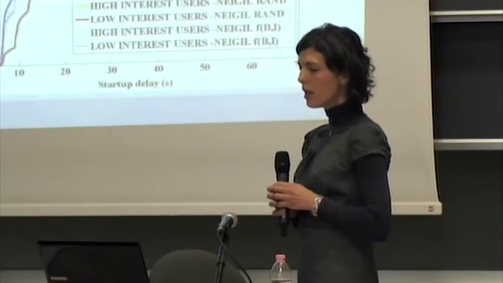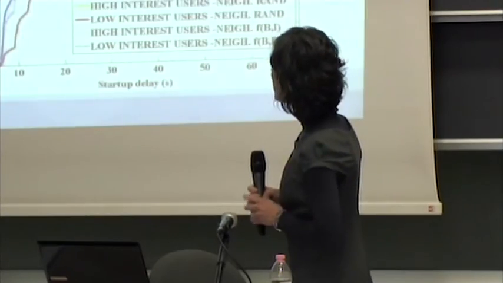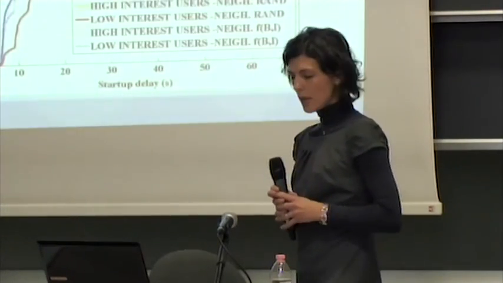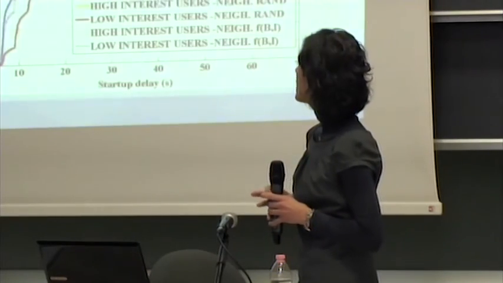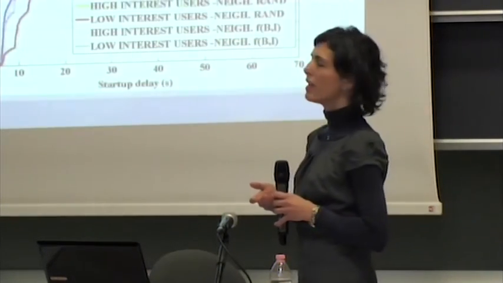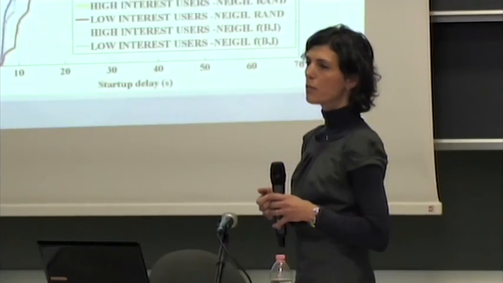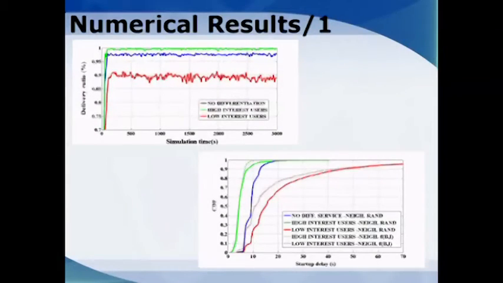In particular, the new algorithm, the dotted lines, grants service differentiation as we expected. So high-interest users experience lower startup delay than the low-interest users. And at the same time, it reduces the startup delay for low-interest users, as shown by the comparison between the dotted red line and the solid red line.